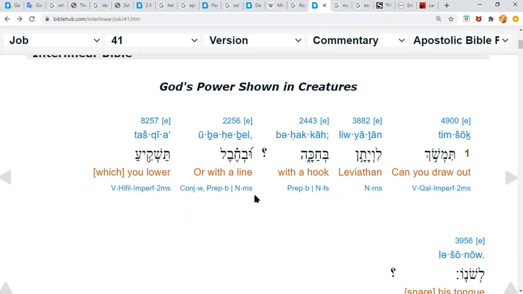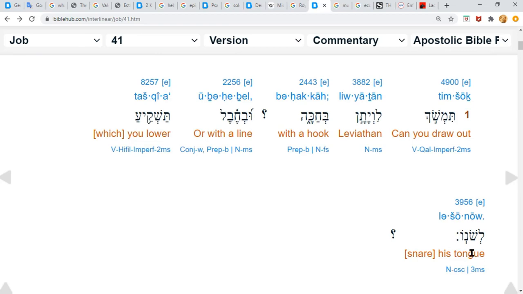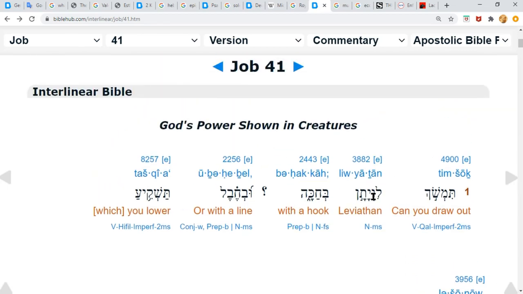So in the Hebrew, the story's called God's power shown in creatures. And they say, can you draw out Leviathan with a hook or a line which you lower and snare his tongue? And so this Leviathan is just spelled Lvitn. And so Leviathan's known as the sea monster.